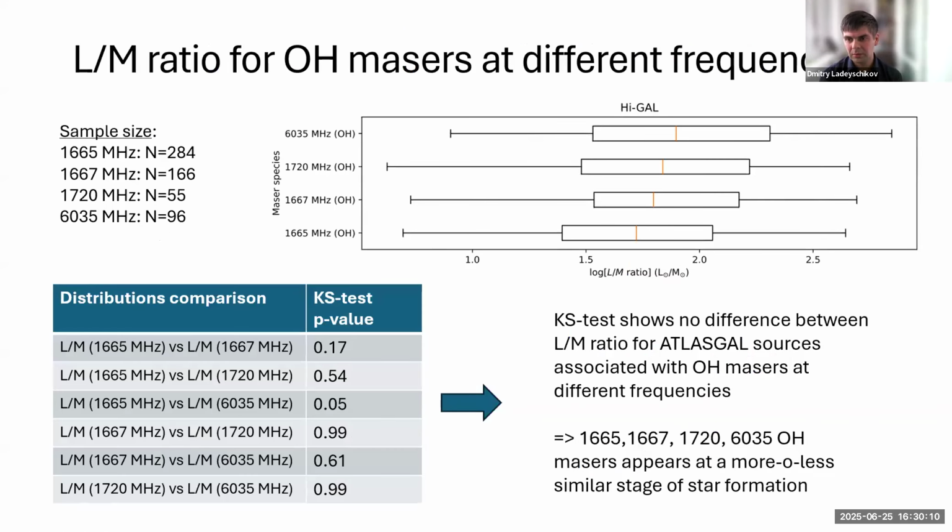But we found that no. All maser transitions appear relatively at the same stage, so we don't see any difference between different transitions. Maybe that's a good result, because it's much simpler if different frequencies can appear at the same stage.